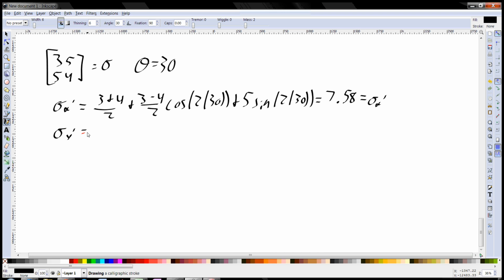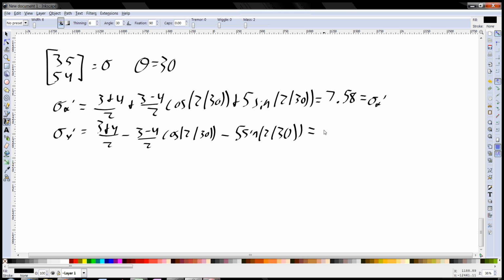Stress in the y equaling 3 plus 4 divided by 2 minus 3 minus 4 divided by 2 cosine of 2 times our angle 30 minus 5 times the sine of 2 times our angle 30. And that gives us an answer of negative 0.58.